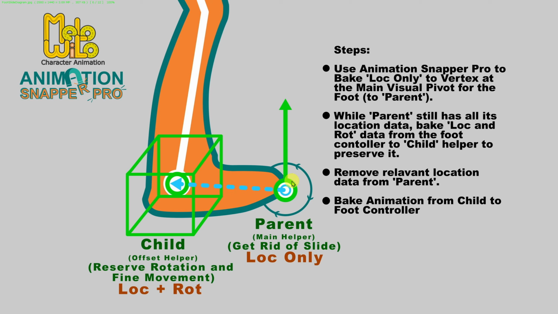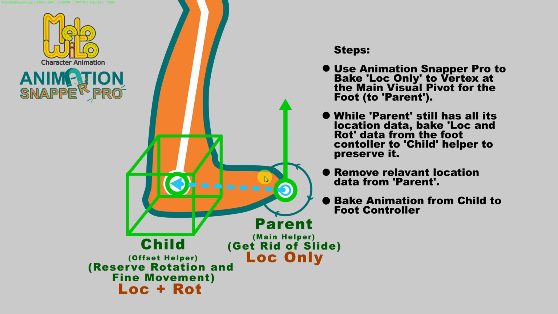So when we selectively get rid of the location data on this to keep it in the same place, it's not getting rid of all our original foot motion, which was preserved on this one. So the first step is we bake to the vertex on the foot that we want to use as the main pivot. We bake location only.